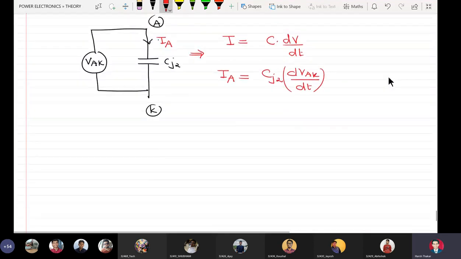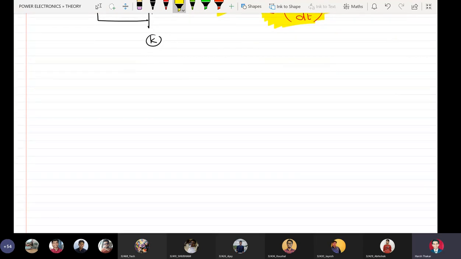Now this particular equation says that the current flowing through the SCR, IA, is nothing but the junction capacitance CJ2 into the rate of change of the anode to cathode voltage.